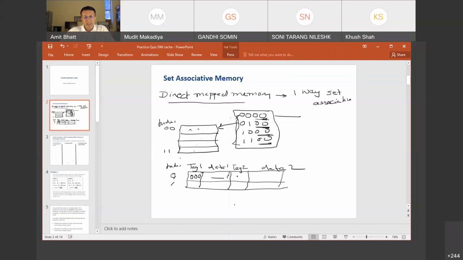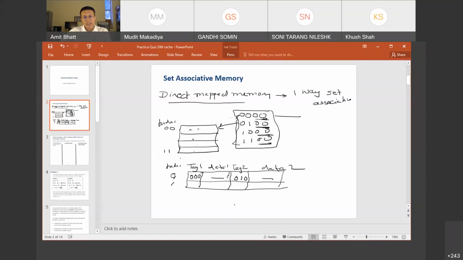Now tag 2 is 0, 1, 0, and data is whatever. So now you saw the advantage here. These are known as conflict misses, because the 2 instructions or 2 data share the same index, and when they kick each other out, it is called a conflict. So here you are reducing conflicts.